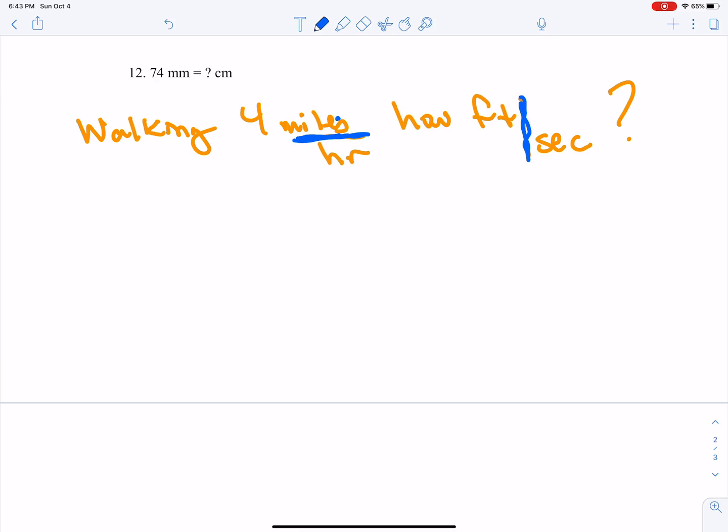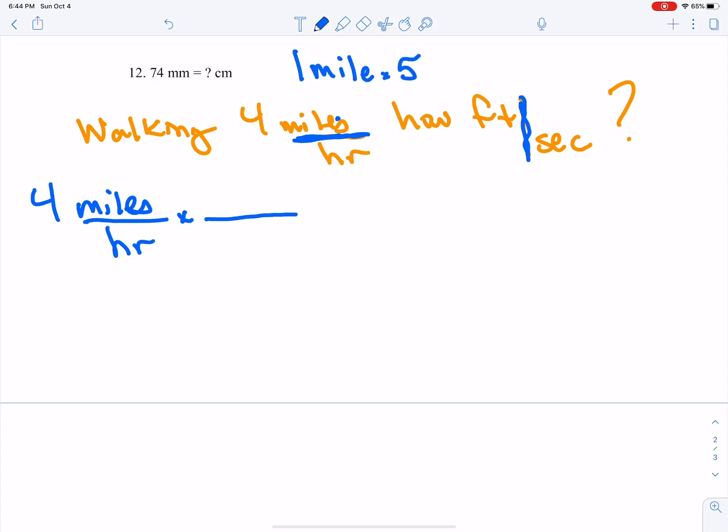I'm starting with 4 miles per hour. Now I'm going to go from miles to feet. What do we need to know? We talked about this in class the other day: 1 mile is equal to 5,280 feet.